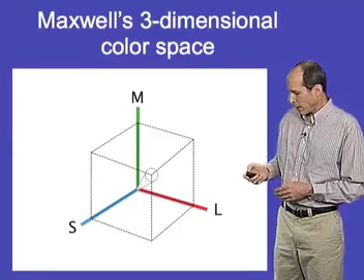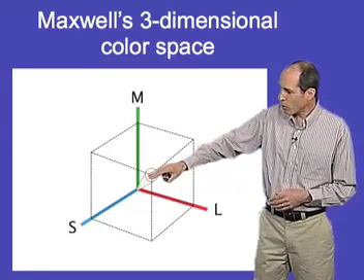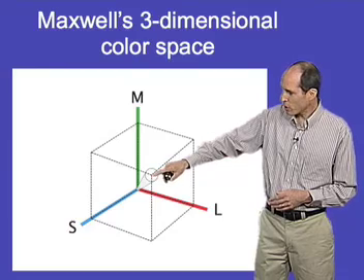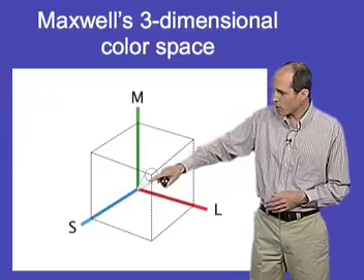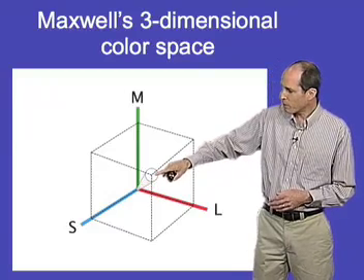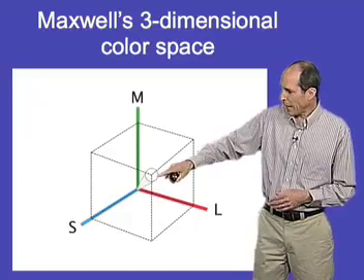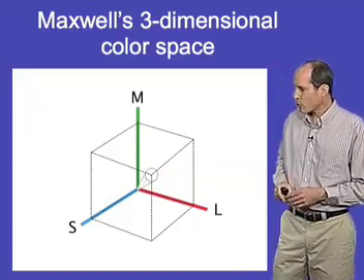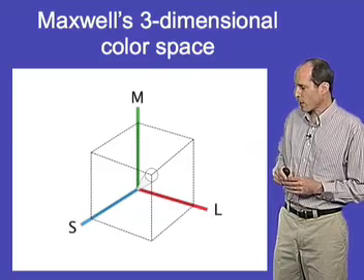So, for example, a white light, which equally excites all three cone classes, as shown by this corner of this square here and this vector coming from the origin, would be represented by a vector in this direction, and lights of other wavelengths would be represented by distinctive vectors in their own unique directions.